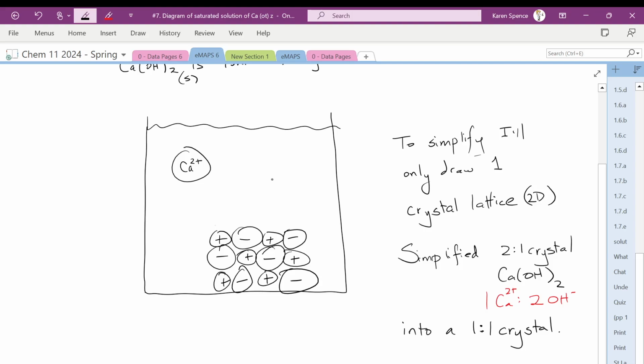We have the hydroxide ions, which I'm going to draw as a single OH- because once again, it's too complicated to draw the O and the H. And for every 1 calcium, I should have how many hydroxides? I should have 2 hydroxides, OH-. Okay, so I have a 1-to-2 ratio.